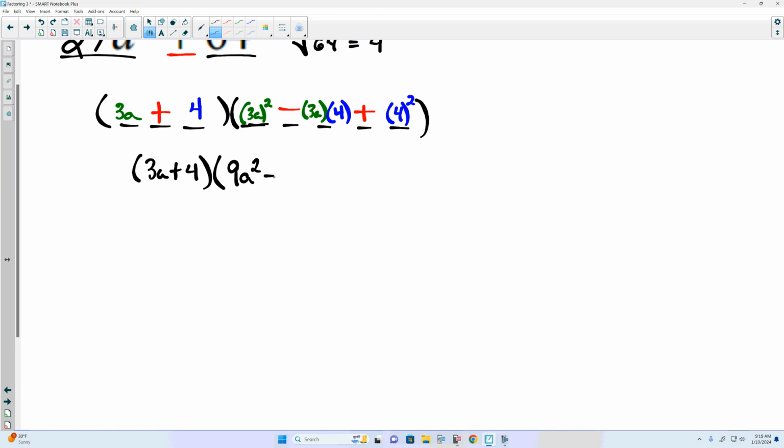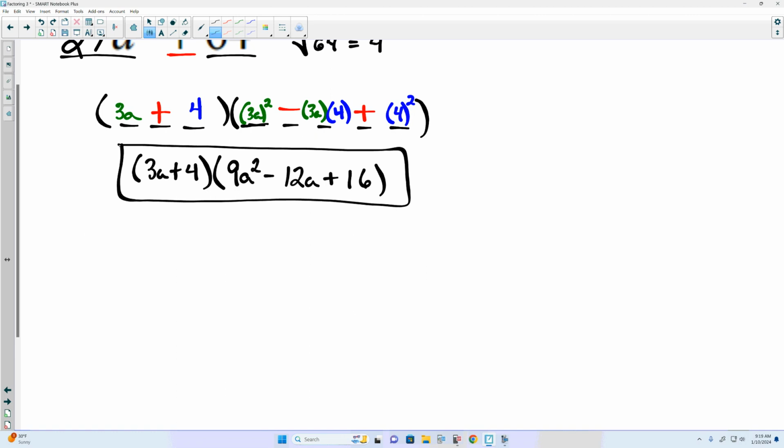And our 3a times 4 is 12a, and 4 squared is 16. It just works out when we just had the variable being squared with and without the parentheses. It sounds the exact same. Here we do have to square the 3a, so 3a times 3a gives us 9a squared.